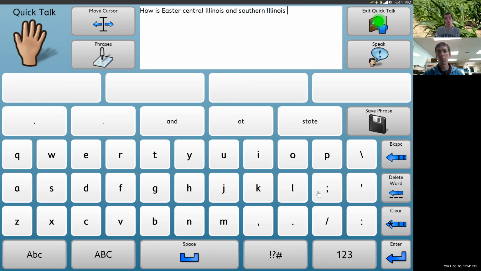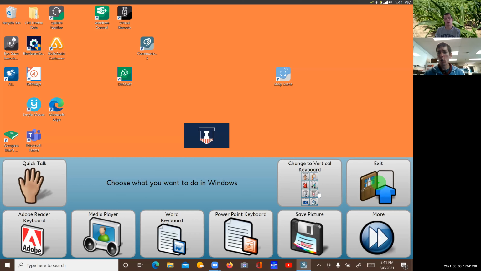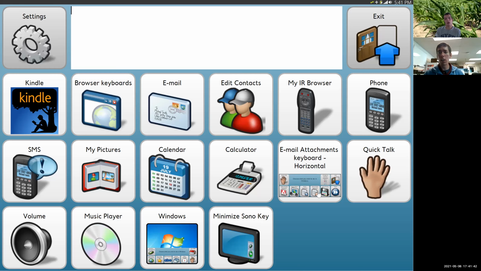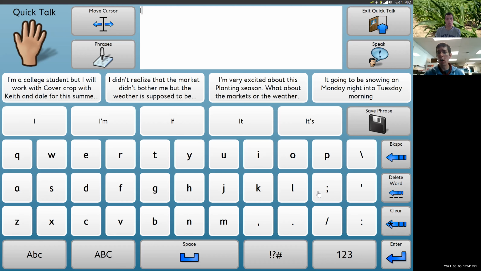How is Eastern Central Illinois and Southern Illinois? Here in East Central Illinois, just from my observations, seems like things are going fairly well. Again, we haven't been as dry here as y'all have, and we've gotten a lot of planting done.